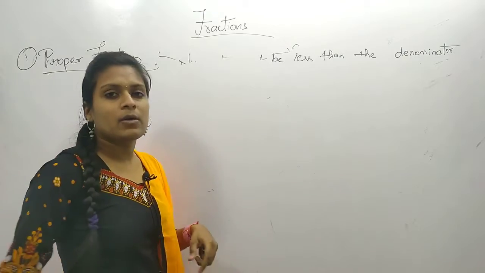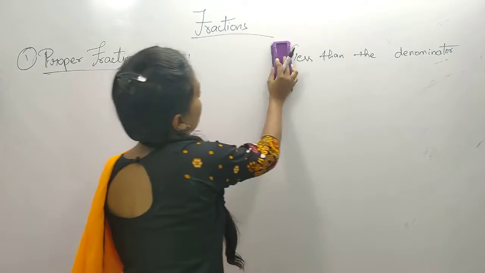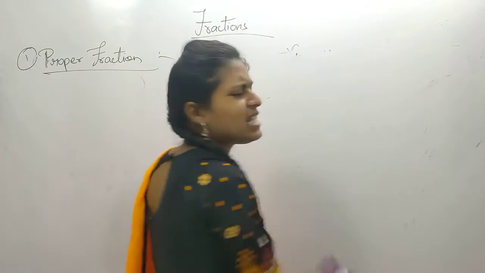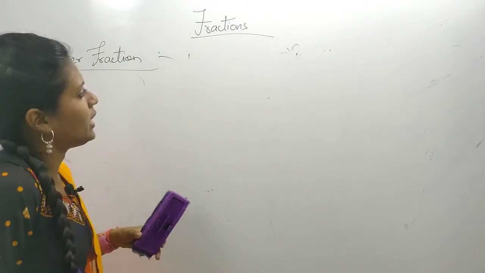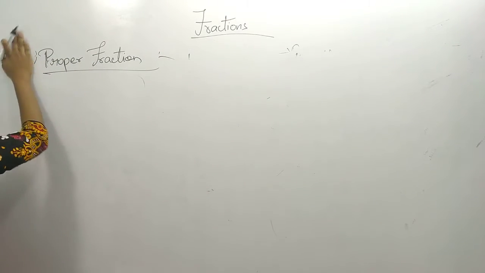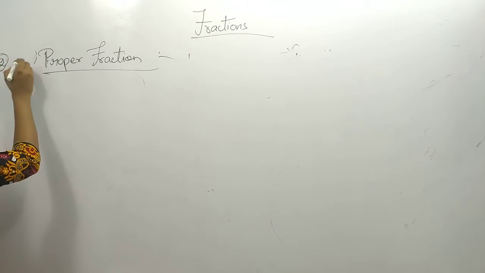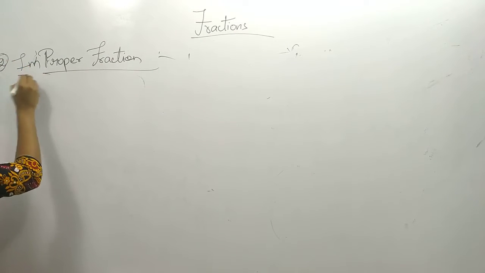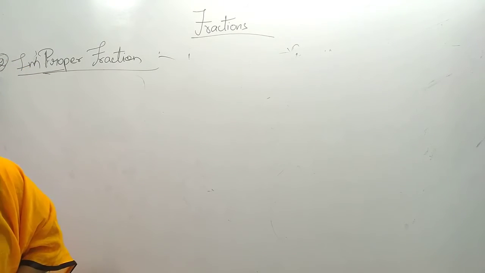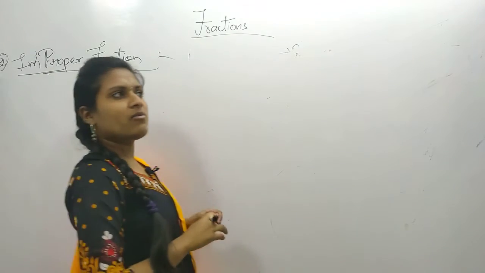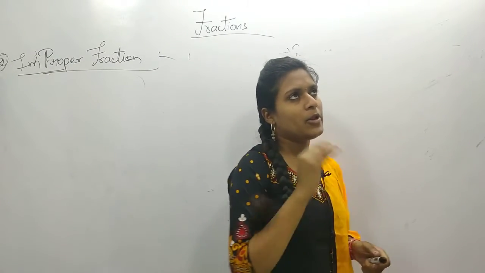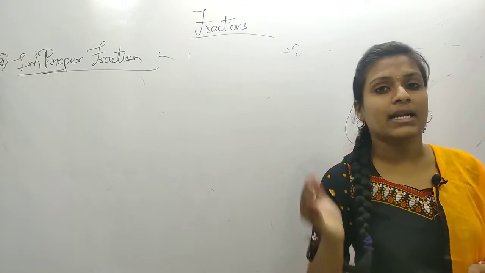Now going next, we will go to the improper fraction. What is an improper fraction? It is quite the opposite of the proper fraction. In the proper fraction, the numerator must be less than the denominator.